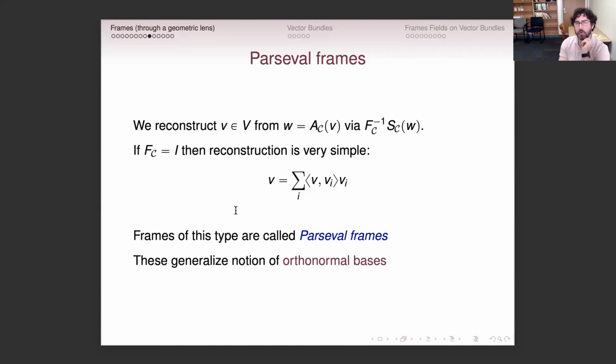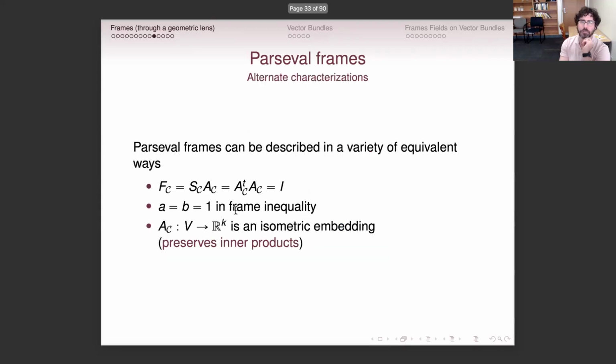So I want to cast parsable frames in a couple of alternate ways, one of which is quite geometric. As I said, you can define a parsable frame as one whose frame operator is the identity map. If you unpack what that means in terms of the frame inequalities, you see that it forces both of the constants in that inequality to be 1. And then in turn, that gives you a geometric property.